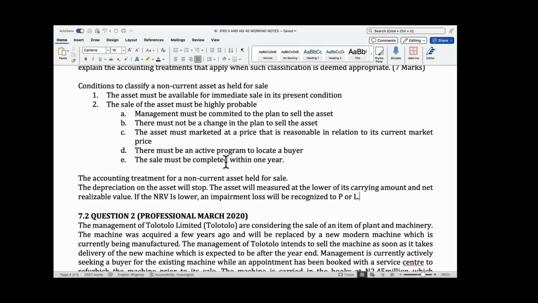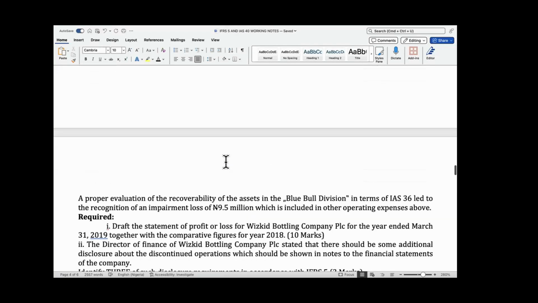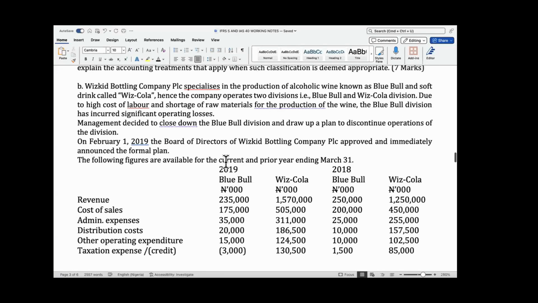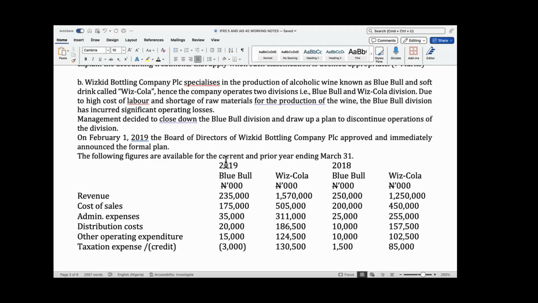Okay, this should be a revision for you. Femi, please, let's read the B part. Whiskey Bottling Company PLC specializes in the production of alcoholic wine known as Blue Bull and a soft drink called Whiskola. Hence, the company operates two divisions, i.e. Blue Bull and Whiskola division.